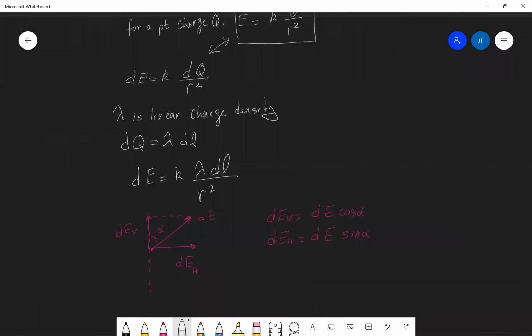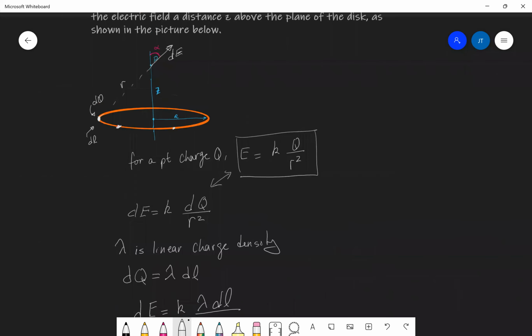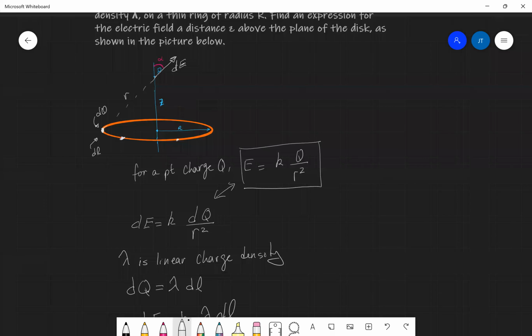But this problem possesses some kind of symmetry. Let's look at it. It's a ring, and I'm right above the center of the ring. Maybe I should have mentioned that, but it's right above the center, not just at any point. Yes, along the axis of the ring.